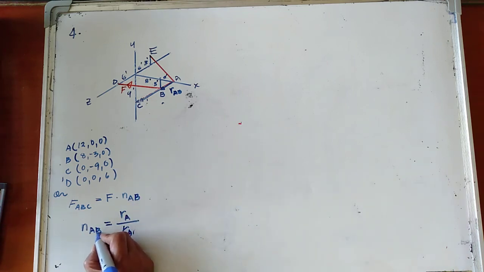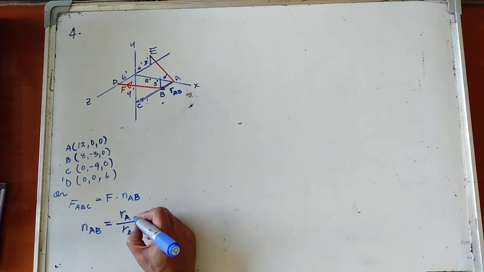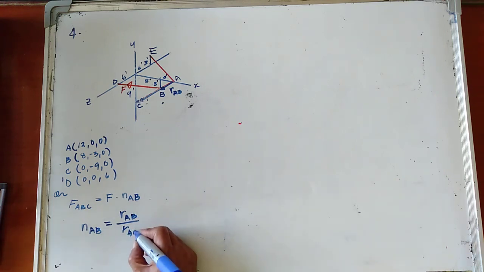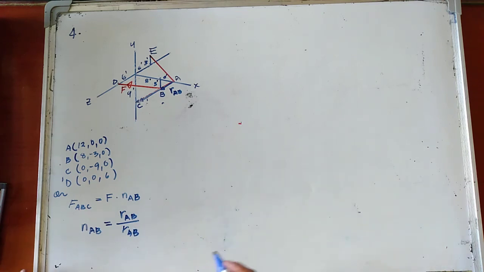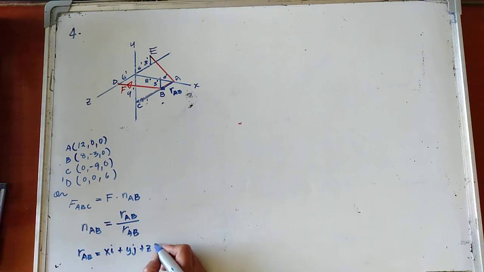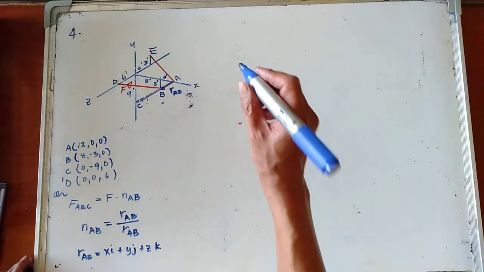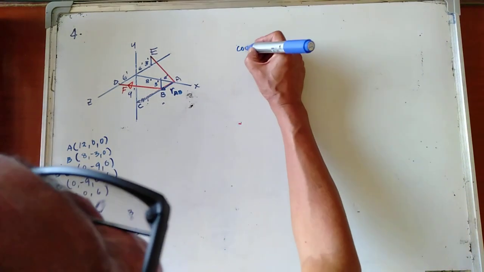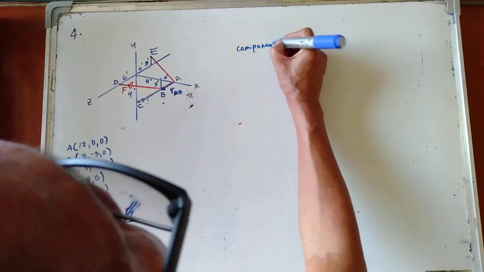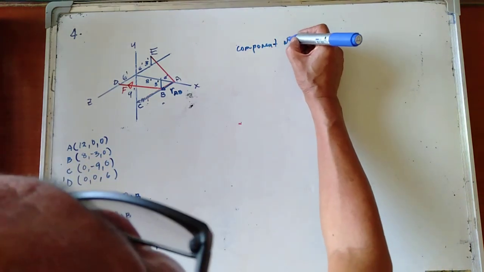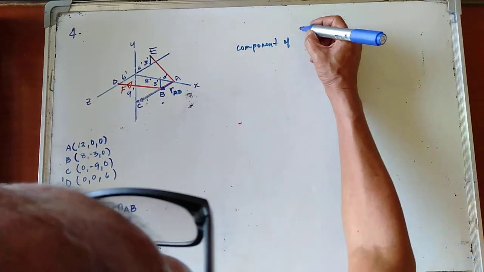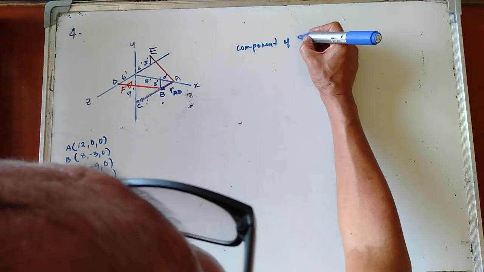And that unit vector AB is equal to the position vector RAB all over the magnitude of that position vector AB. So your RAB is equal to xi plus yj plus zk. So let's try to determine the components of RAB.